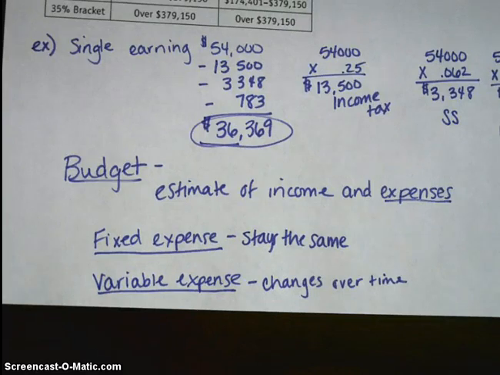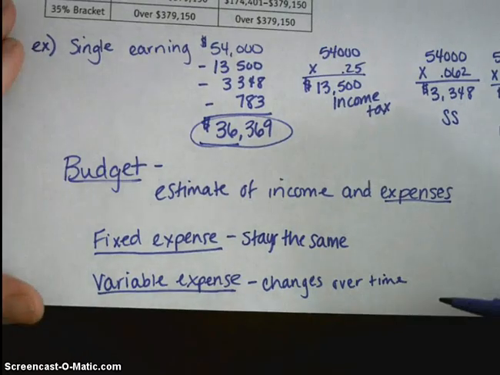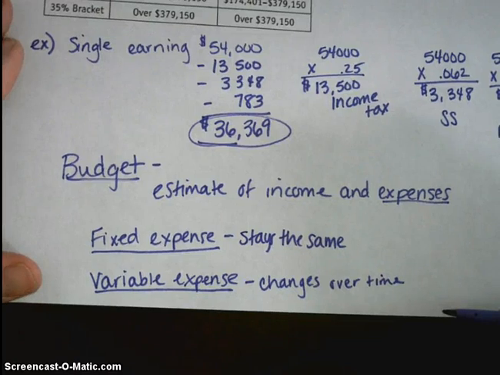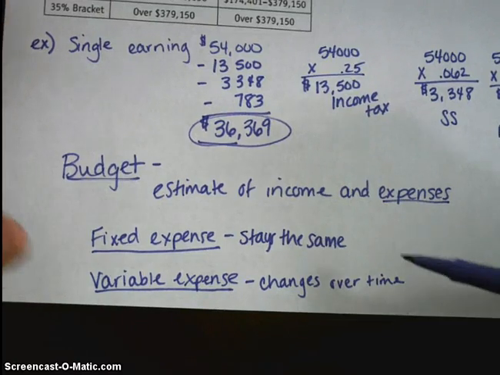Gasoline, I may not put as much gas in my car during the summer as I'm going to during different parts of the year. I may have different pet expenses if my pet were to get sick versus if they're healthy the rest of the year. And also if I'm going out a lot, maybe at holiday time, I may spend more money on variable expenses.